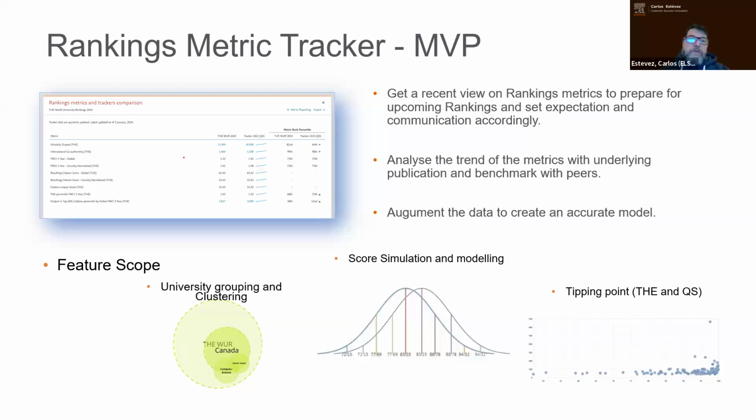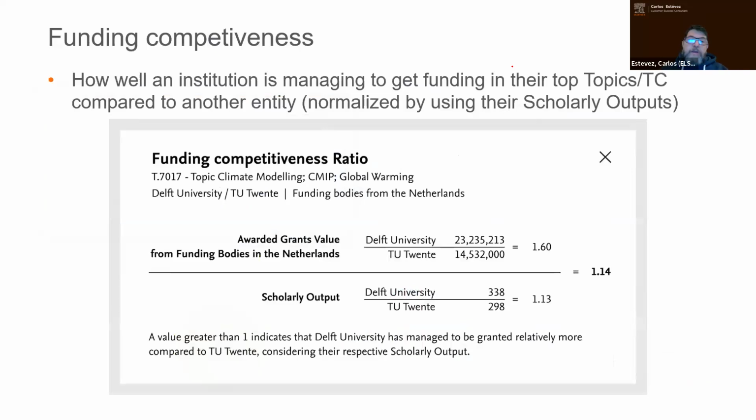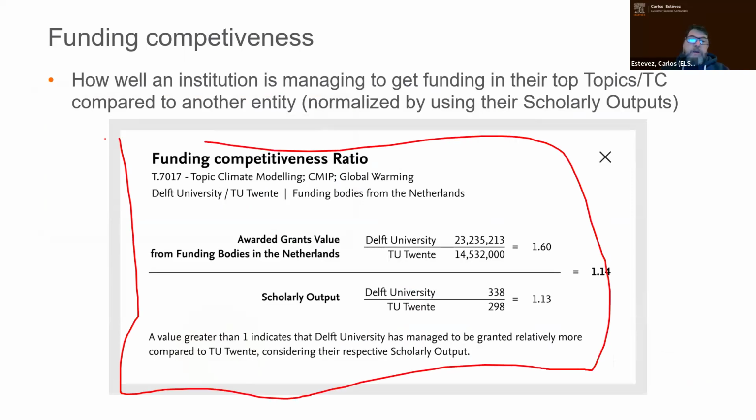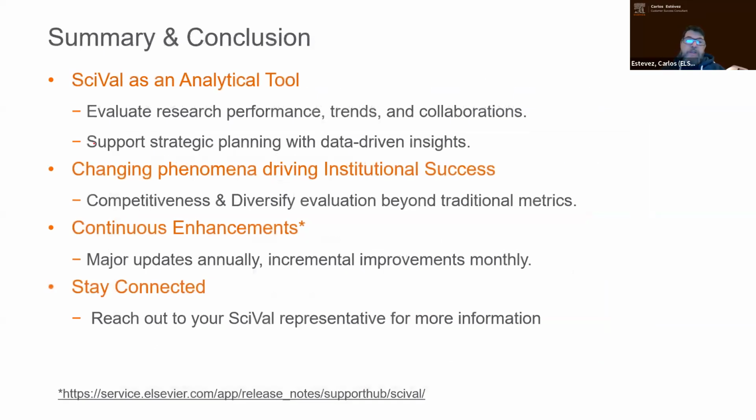Also, publish a rankings metric tracker so you can understand the rankings in a better way, and how these metrics reflect the performance of the institution, understanding the outputs and what it means.